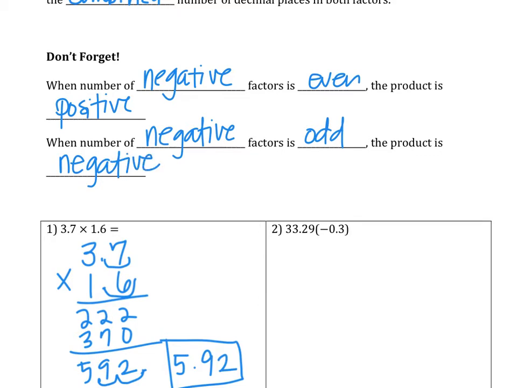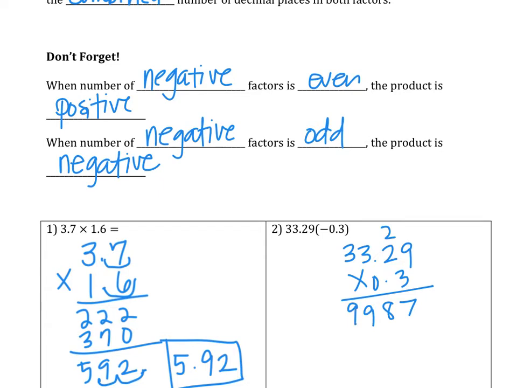Let's come down here to number 2. 33.29 times negative 0.3. So we are multiplying a positive times a negative, so our answer is going to be negative. And so let's just do the math on that, and we have 33.29 times 0.3, 9,987.